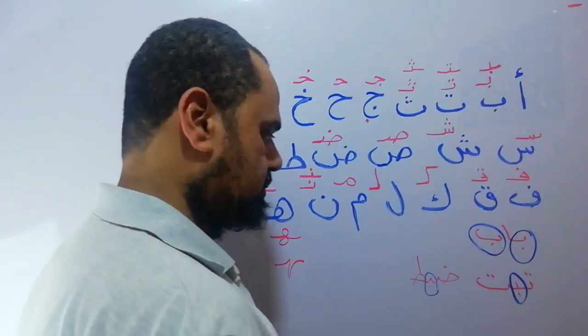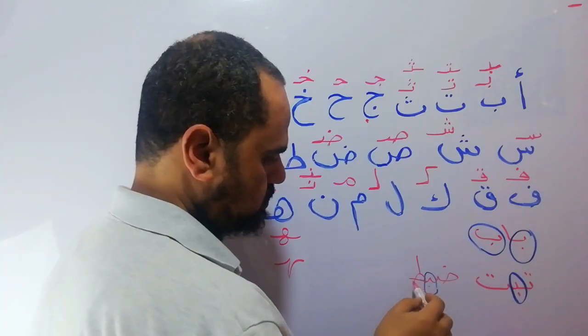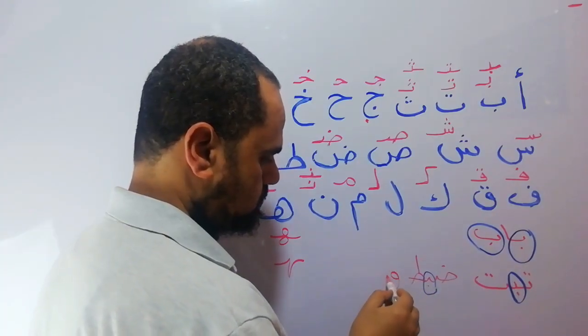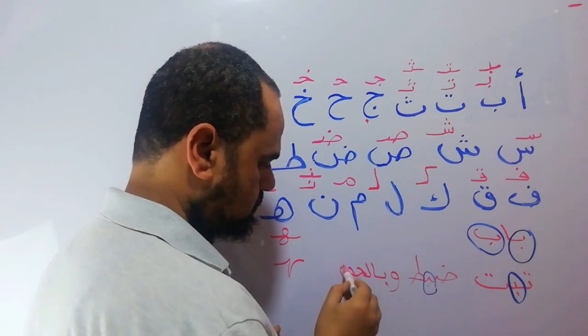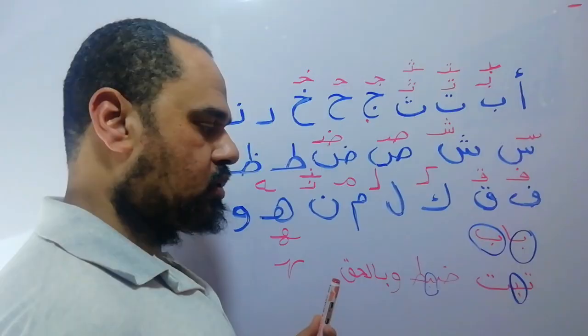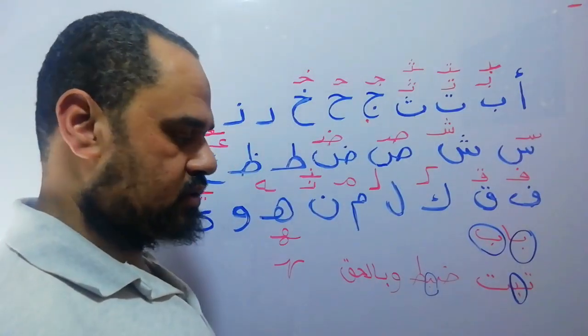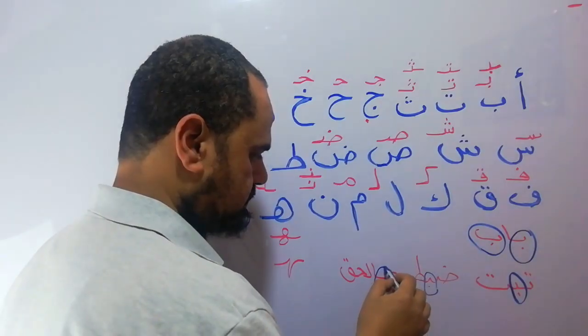And another example. Same question, where is the letter al-ba, where is harf al-ba? And this is it.